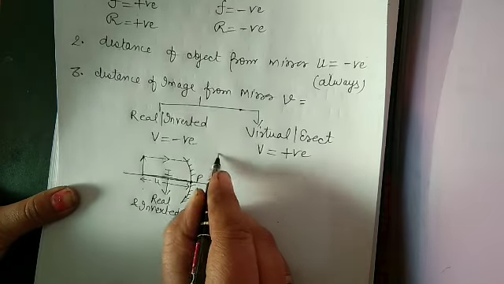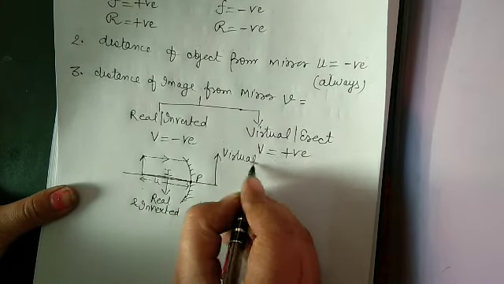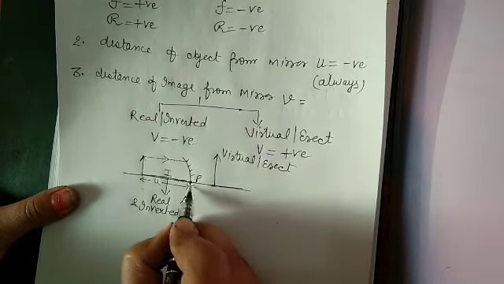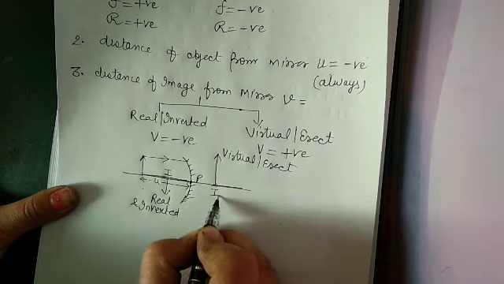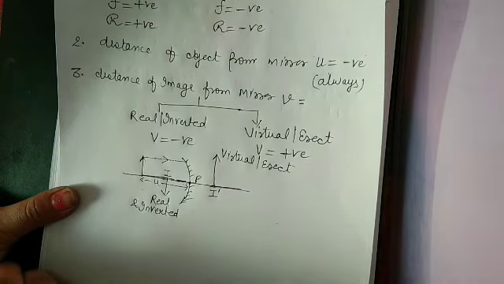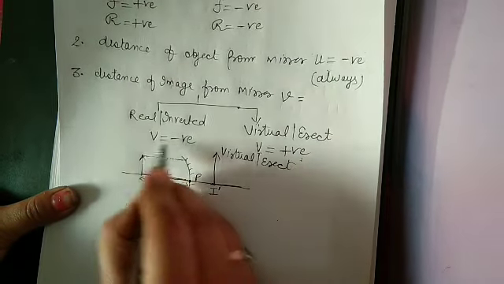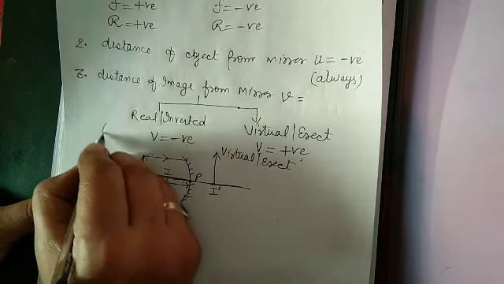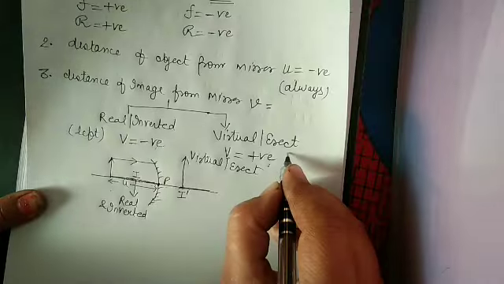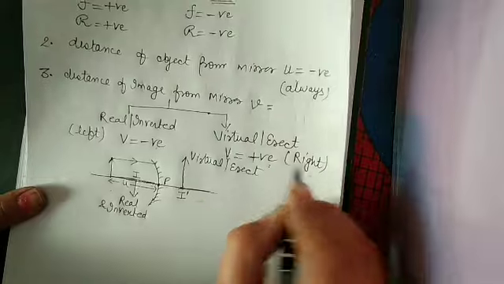But if the image formed is virtual and erect, then distance measurement is started from the pole towards the image, so it will be positive, because we are moving towards right. V is negative because the image is formed towards the left hand side of the mirror, and in this case the image is formed towards the right hand side of the mirror.